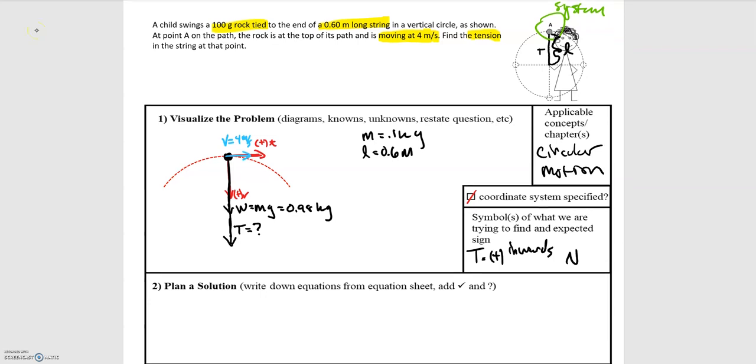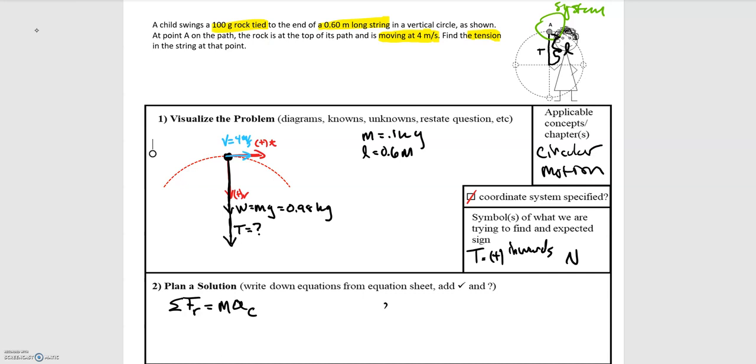So we're going to come down here to the second step. We are looking for the tension force. So we know we're going to want to use Newton's second law, since we know the object's accelerating, to be able to solve for the force. We're going to sum the forces in the r direction, the centripetal direction, and that's equal to m times the acceleration in that direction, which is the centripetal acceleration, a sub c.